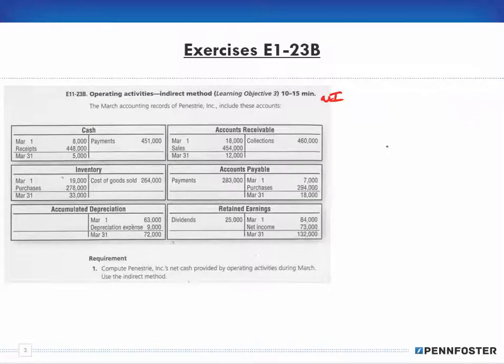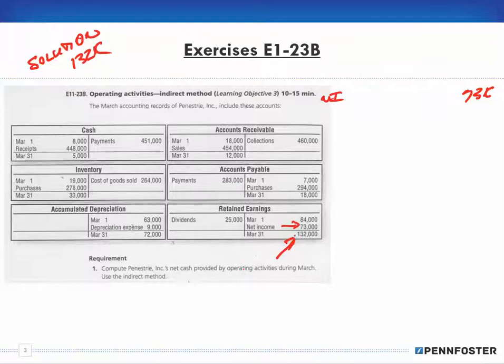I had to pause the video here. I had said our net income, and I'm looking at it here in the retained earnings, and my net income is $73,000. However, if you look at the solution, it says our net income is $132,000, which is this figure.